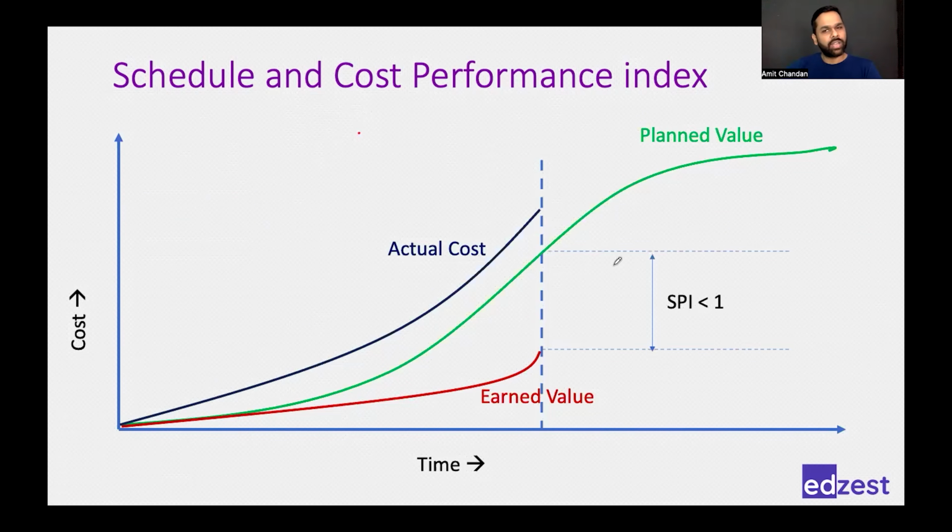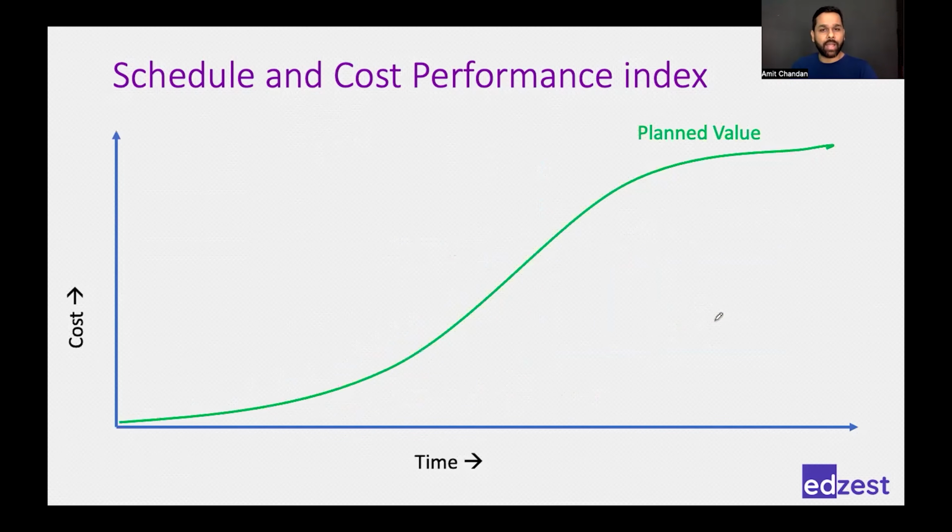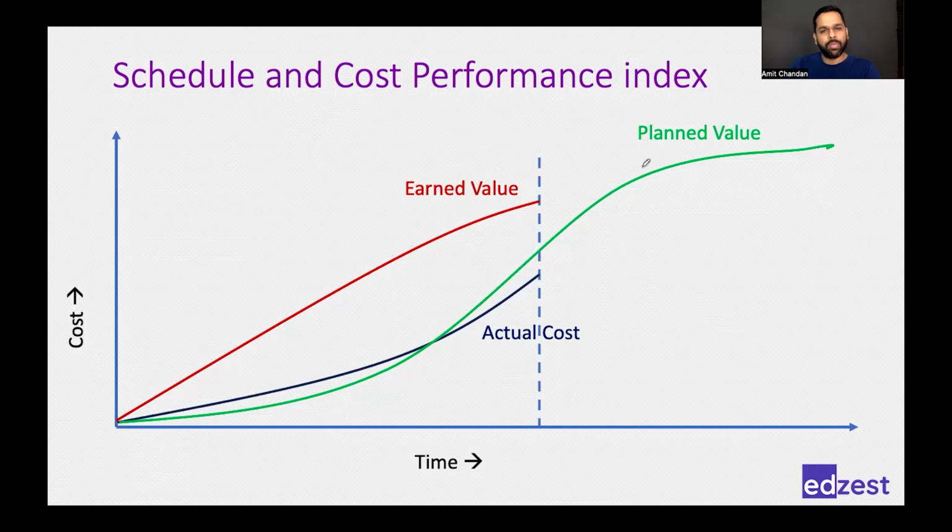Similar to my schedule variance, SPI is the division of earned value to planned value, and CPI is earned value to actual cost. Right? Here, because my earned value is below the numbers, that's why it is less than 1. If I was doing a good job, then what would happen? My earned value would be more than the planned value or actual cost.